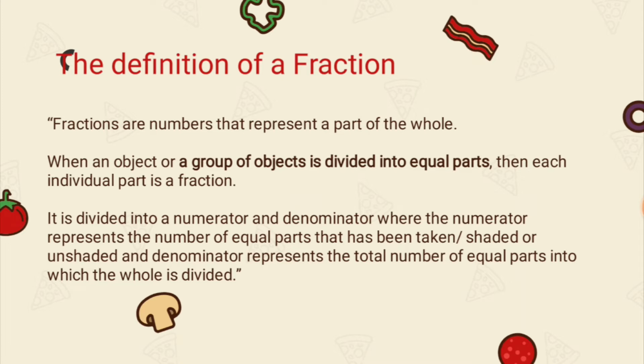It is divided into a numerator and denominator, where the numerator represents the number of equal parts that have been taken, shaded or unshaded, and the denominator represents the total number of equal parts into which the whole is divided.